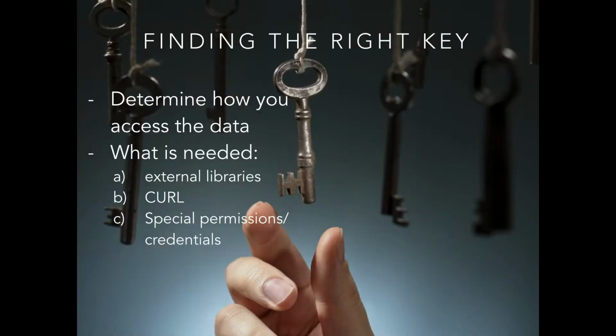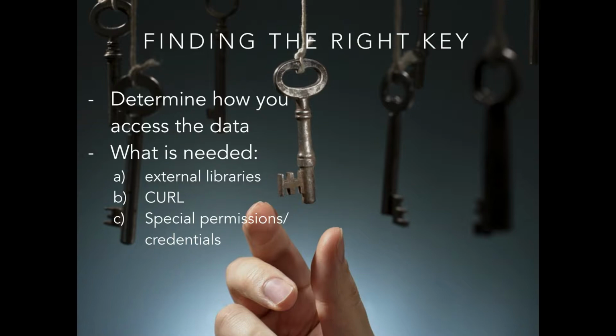So finding the right key, as I said, determines how you access your data and what is needed. And funny enough, a lot of clients want to host themselves nowadays. So check even if curl is installed, if you're planning to do a curl request, because that might not be the case.